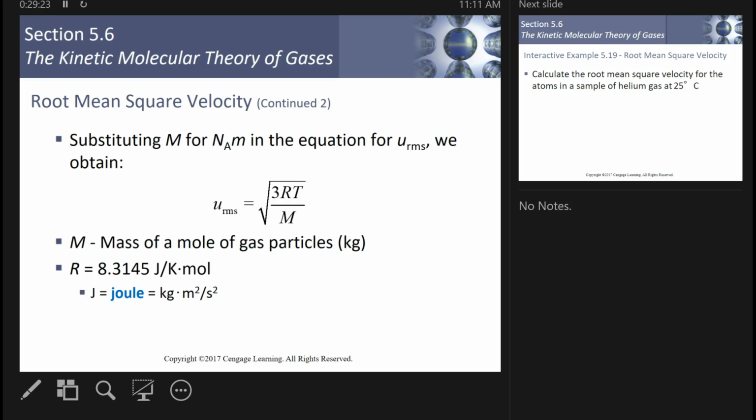Joules are a measure of energy, which we'll look at more later on, especially when we're dealing with equilibrium. Joules conversion is kilogram meter squared per second squared. We'll look at the root mean square in terms of Graham's law, but nothing really more.